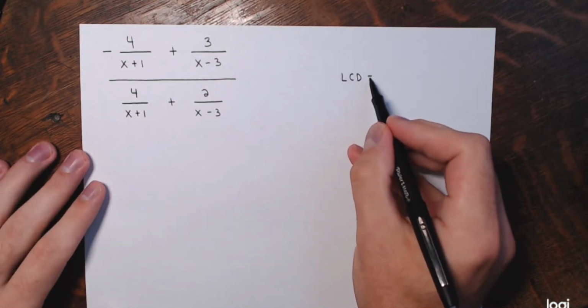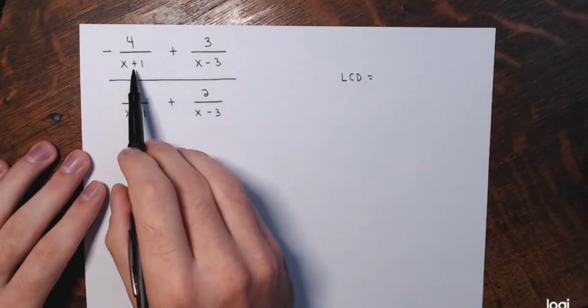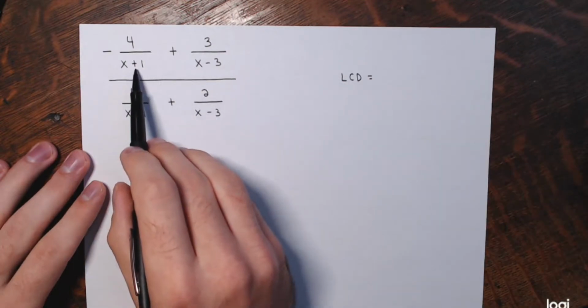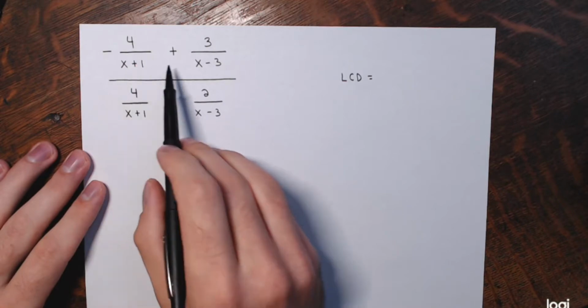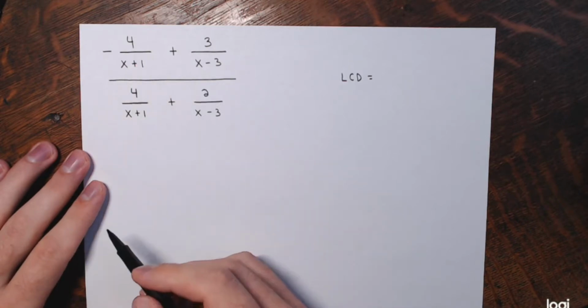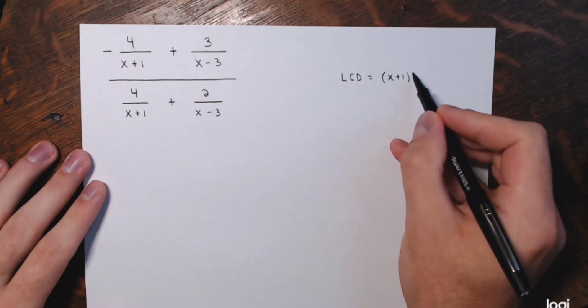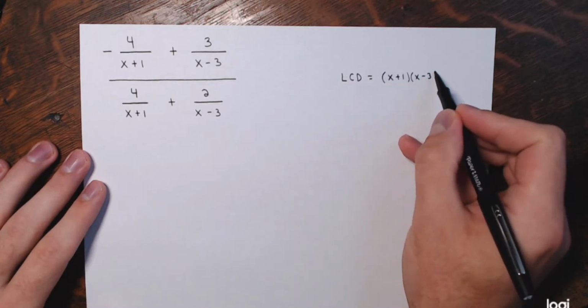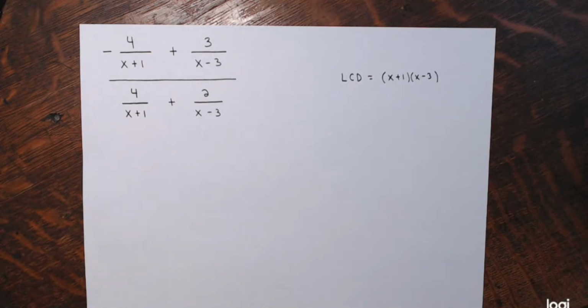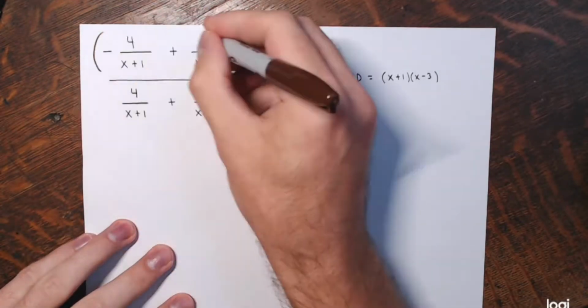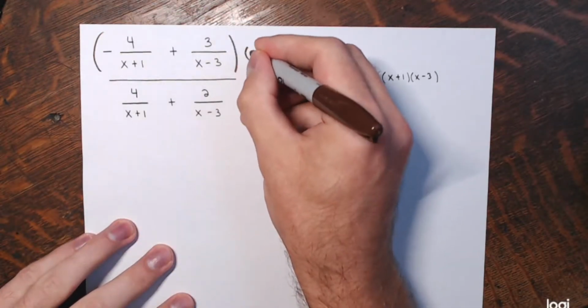This is yet again another pretty simple one. The only denominators within this fraction are x plus 1 and x minus 3. So the LCD is just the product of x plus 1 and x minus 3. And I'm going to be multiplying everything in the numerator by the LCD.